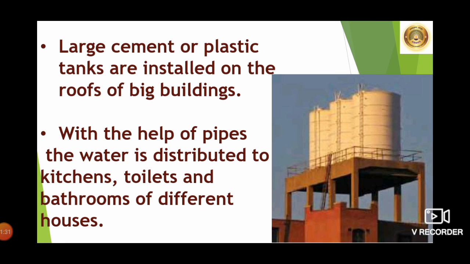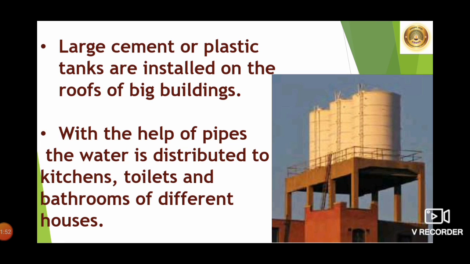For what purpose are they installed? Yes, because with the help of pipes, the water stored at one place can be distributed to several other places such as kitchens, toilets and bathrooms of different houses by proper distribution.